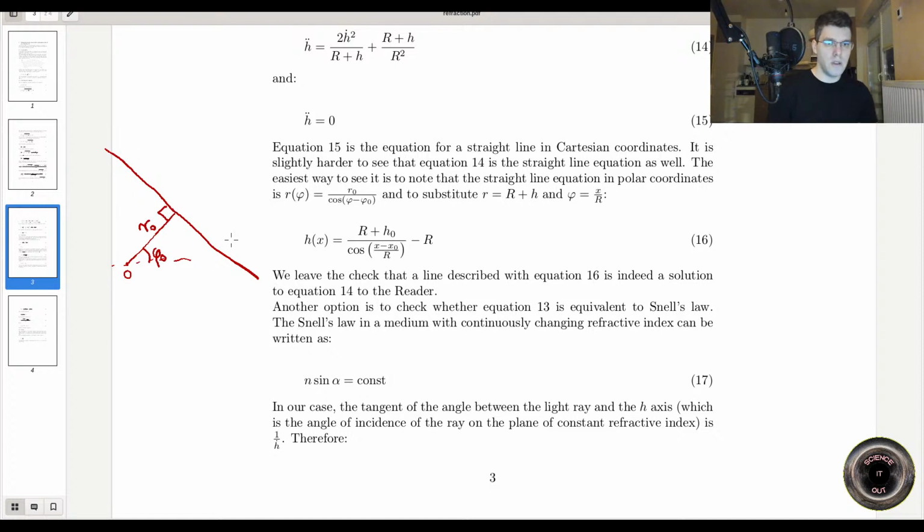So if we take any other point, which is at a distance of r and at an angle phi, then this angle here is phi minus phi 0, so it's this inside.